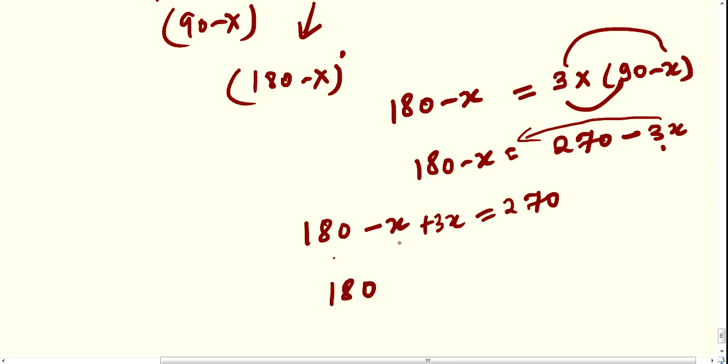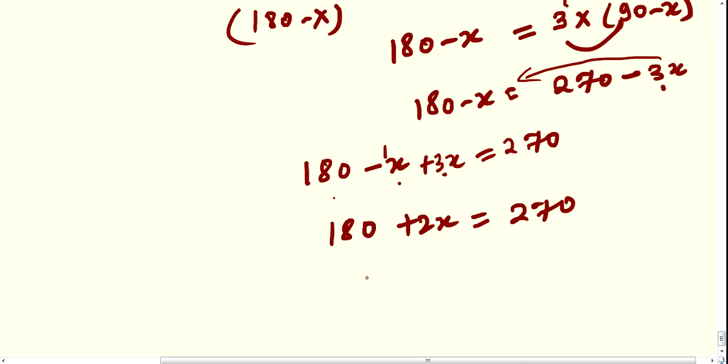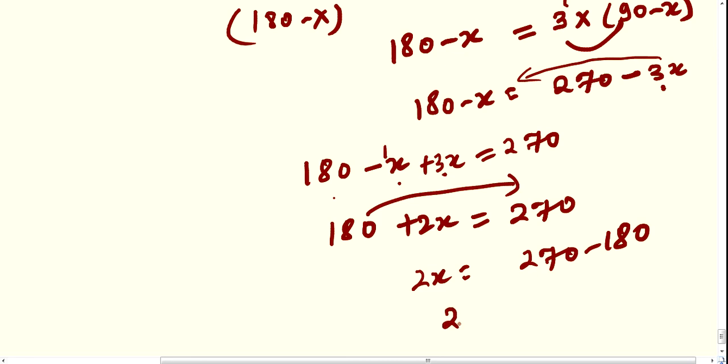Then 180 minus x plus 3x means minus 1 plus 3, so it will be 180 plus 2x equals 270. Transpose this 180 to the right hand side. So 2x equals 270 minus 180, which gives 90 degrees.